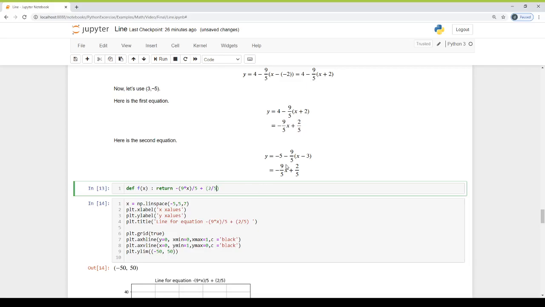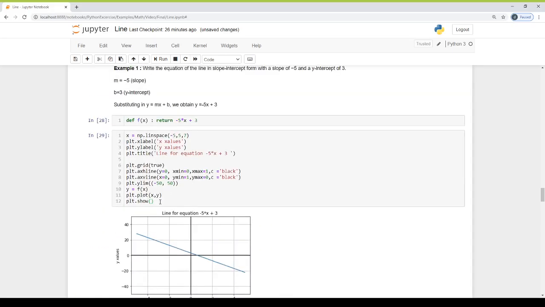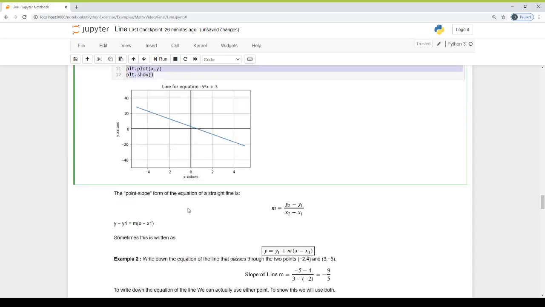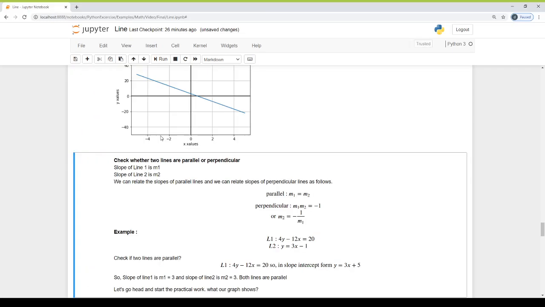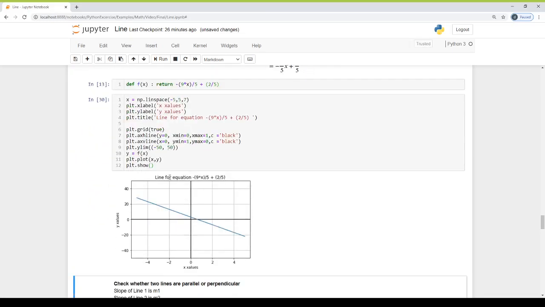So this is our equation, and we are graphing our line, that is y, by calling the function. So this is our line.